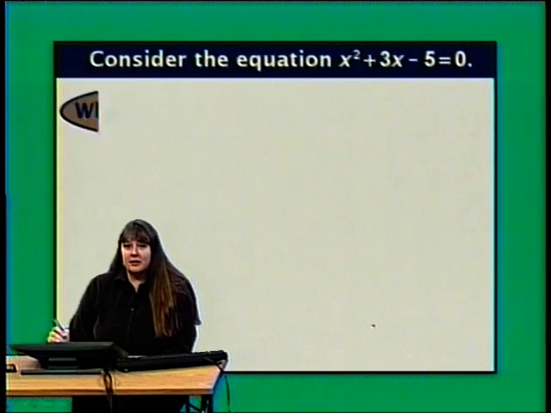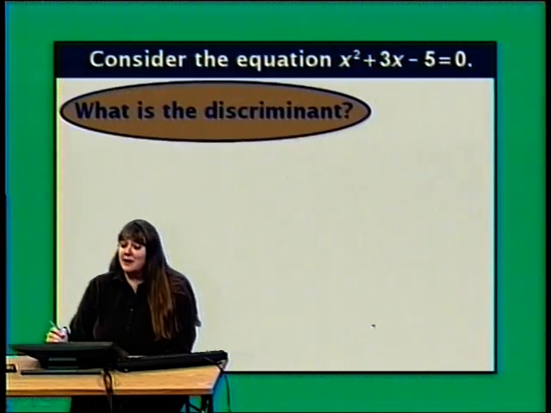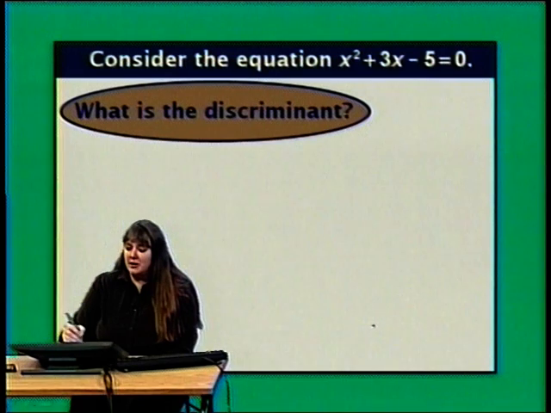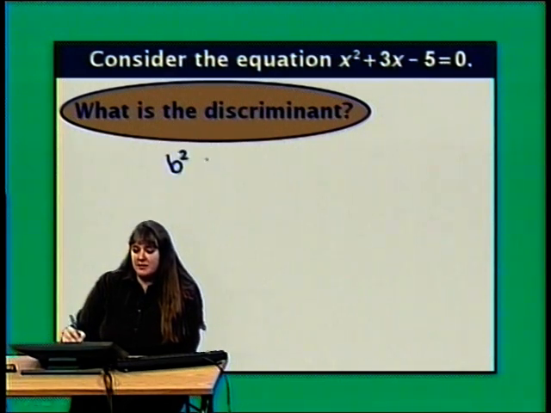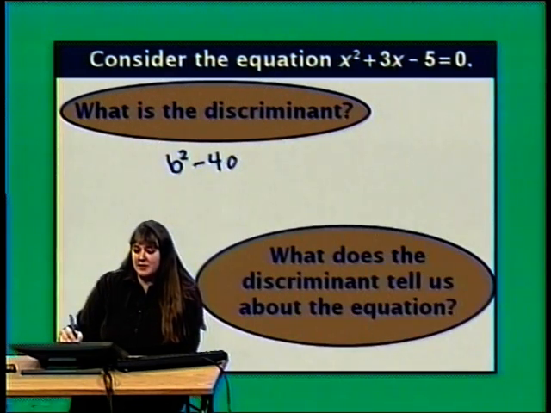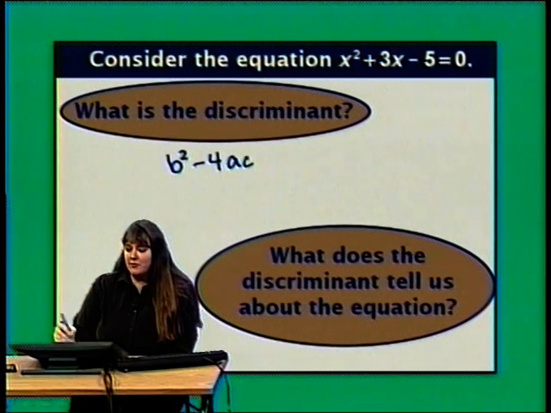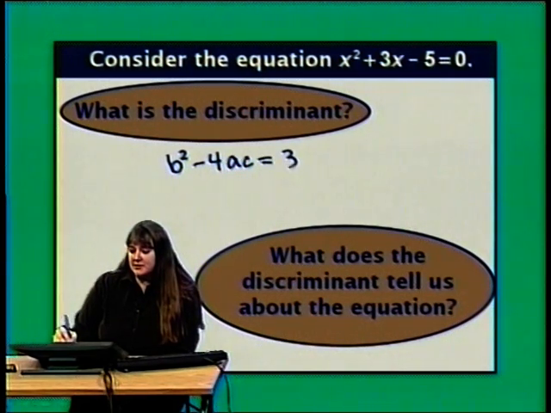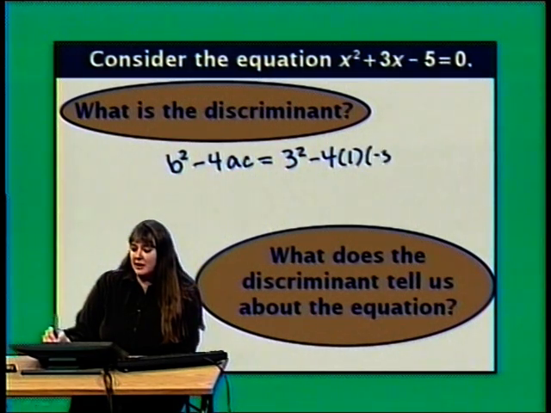Now let's consider the equation x squared plus 3x minus 5 equals 0. What's the discriminant? Well, we're being asked about b squared minus 4ac, the radicand from the quadratic formula. In this case, that's 3 squared minus 4 times 1 times negative 5, which is 9 plus 20, which is 29.